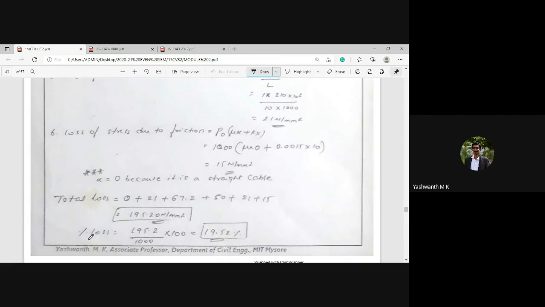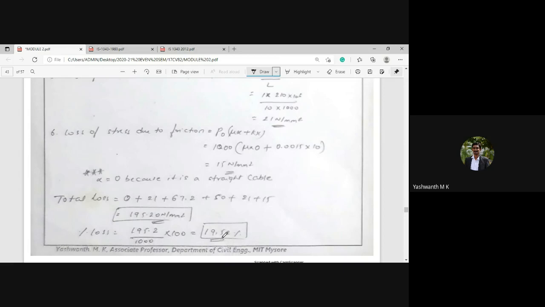If you want to calculate the percentage loss, then it is 195.2 divided by 1000, that is the initial pre-stress, into 100, which gets you 19.52. That means compared to the pre-tension beam, the loss of stress in the steel in the case of the post tension beam is less.